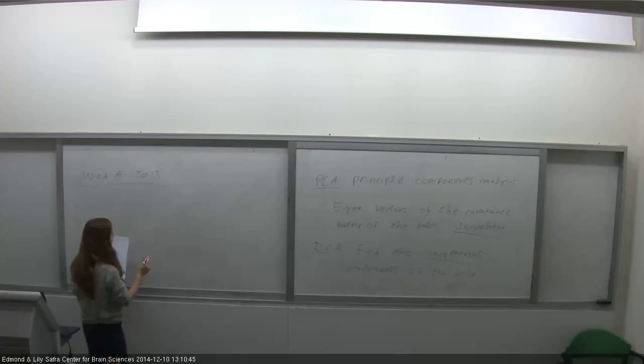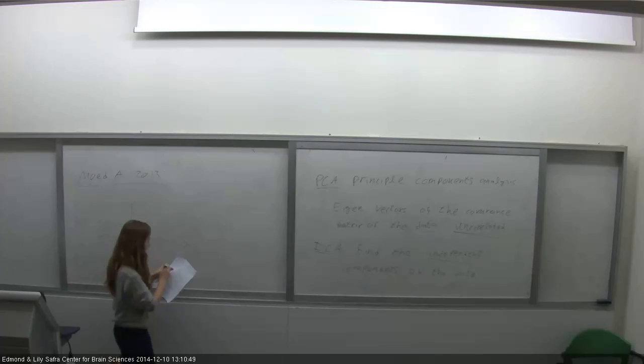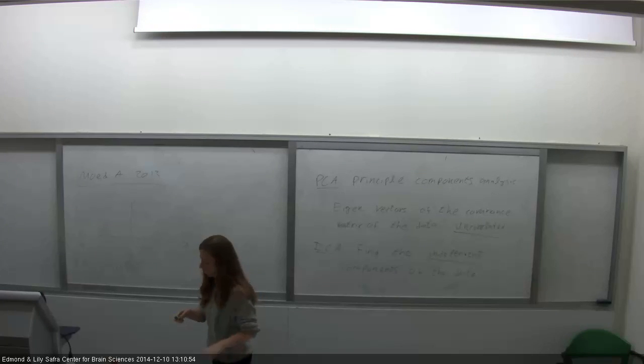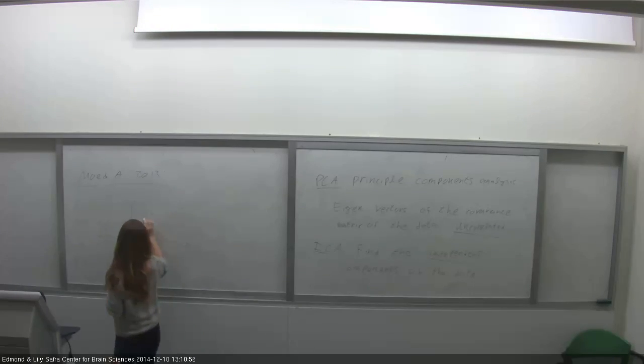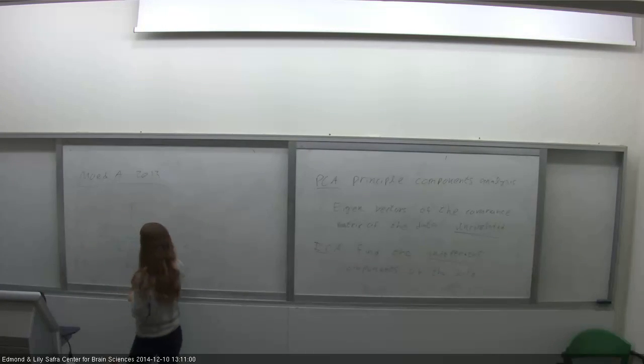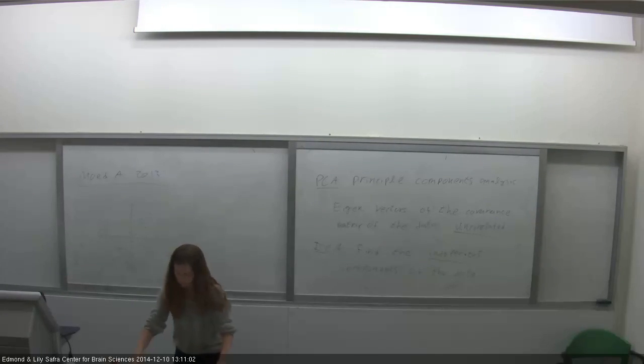Okay, so in this question, we have two sources of data. First, I will plot it, and then I will write the terms. So we have two Gaussians, the green Gaussian and the blue Gaussian.